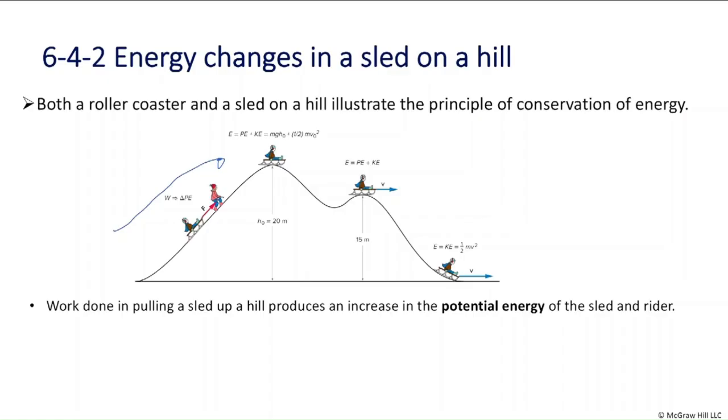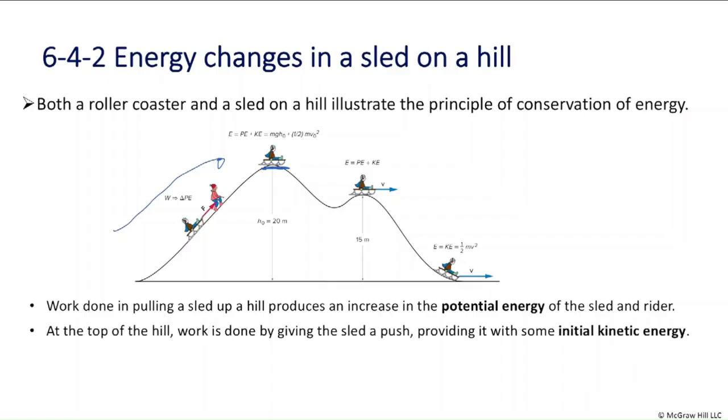And this work done increases your potential energy. And at the top of the hill, you will give the sled a push to provide kinetic energy to the sled. Therefore, at the top, you have potential energy plus a small initial kinetic energy, right?